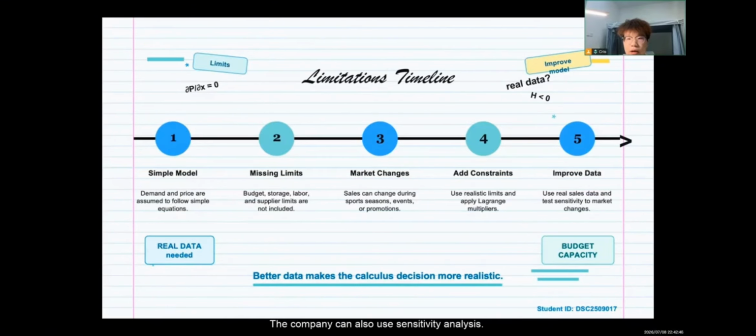The company can also use sensitivity analysis. This means testing how the optimal decision changes when price, cost, or demand change. Overall, this project shows that calculus is not only about formulas, it can also help businesses make better decisions about production, pricing, and profit.